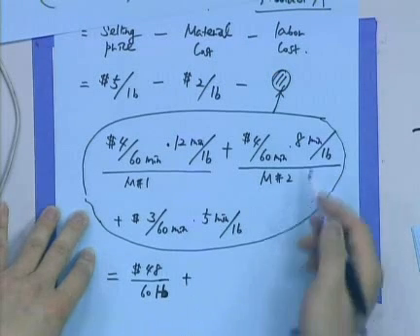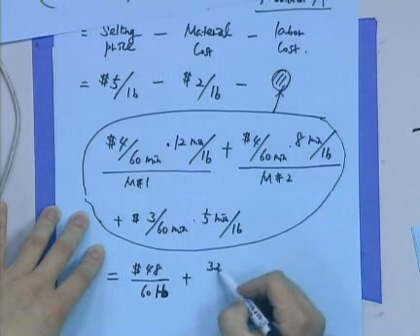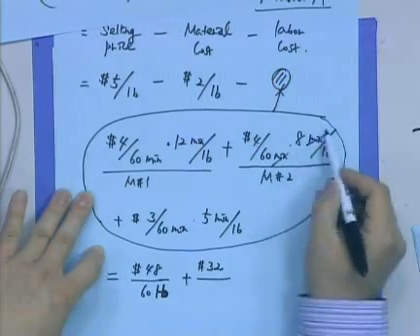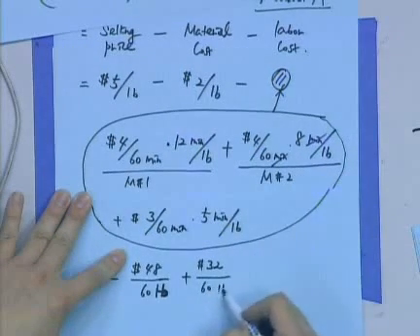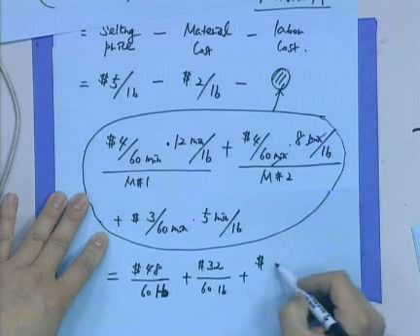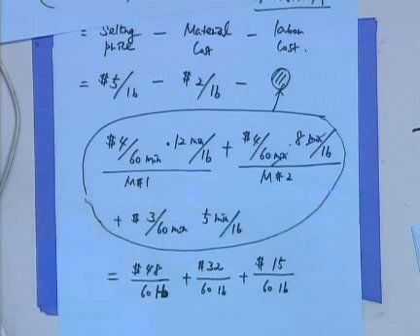Plus the second term becomes $32 per 60 pounds. The third term becomes $15 per 60 pounds, right?